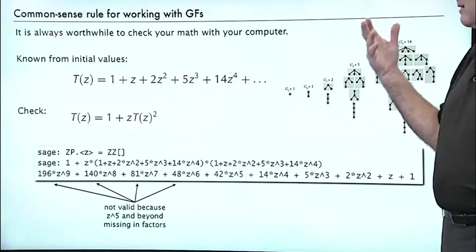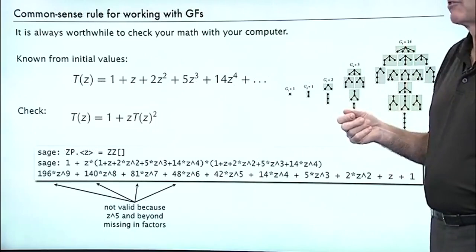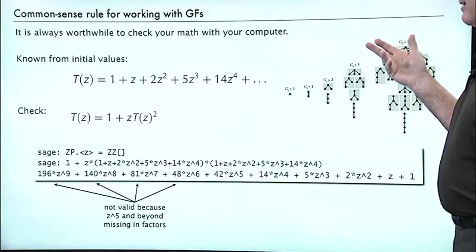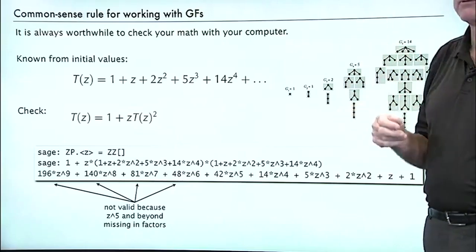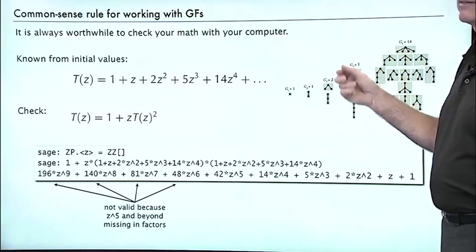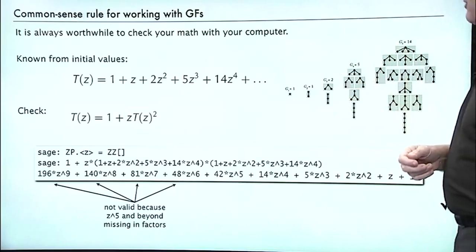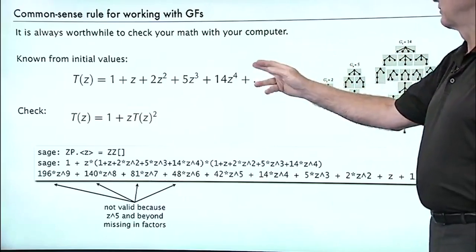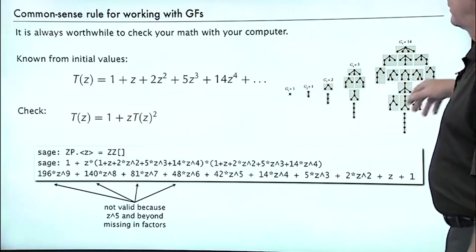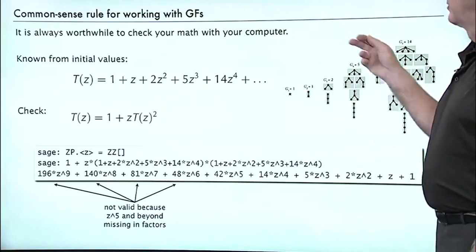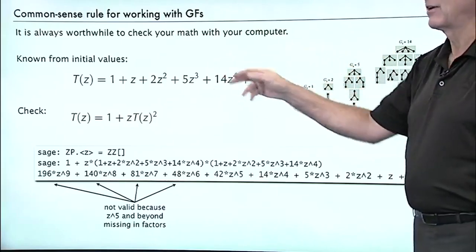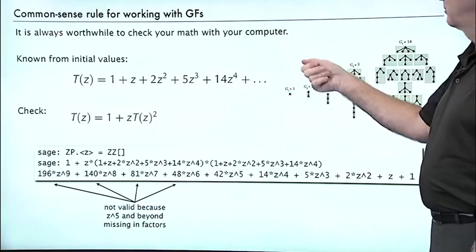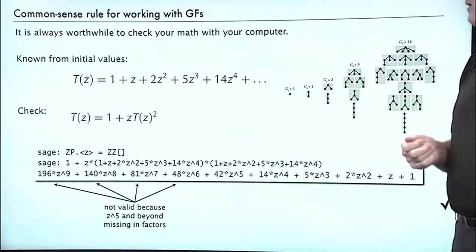Now, a common sense rule for working with generating functions that I want to point out, again, it's always worthwhile to check your math with your computer, and that includes symbolic calculations like this one. You know the initial values of t of z. We did the examples, so we know that it starts out being 1 plus z plus 2z squared plus 5z cubed plus 14z fourth.